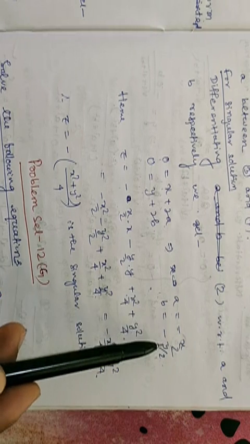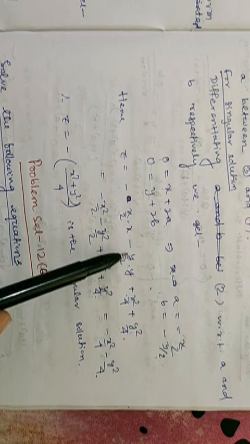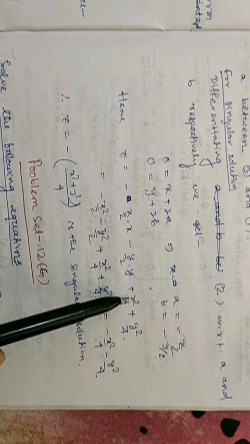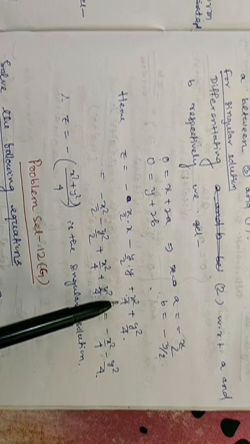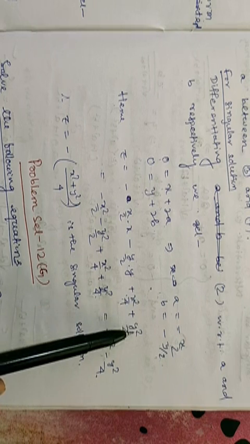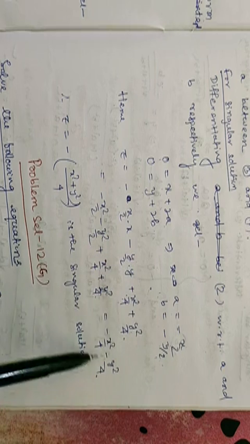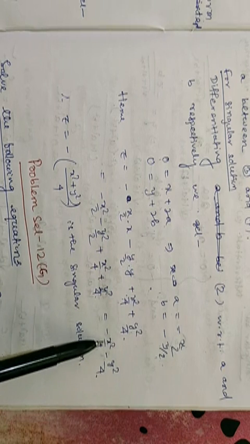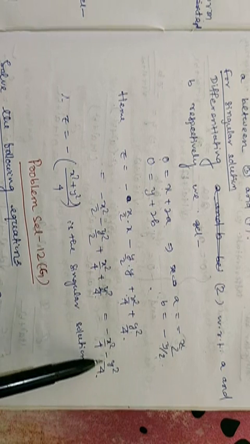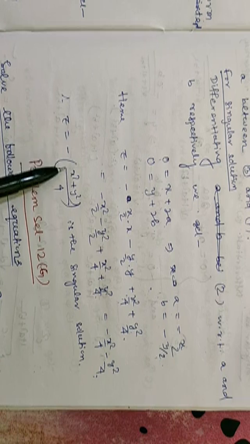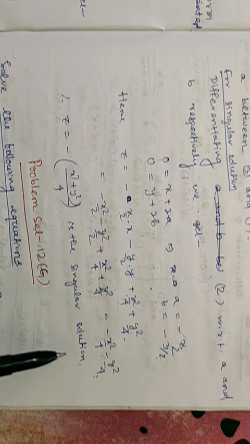In place of b we write minus y by 2, so it is minus y by 2 into y plus a square, minus x by 2 whole square, x square by 4, plus b square, minus y by 2 whole square, that is y square by 4. So simplifying this we obtain minus x square by 4 minus y square by 4. So what we get is z is equal to minus of (x square plus y square) by 4, which is the singular solution.